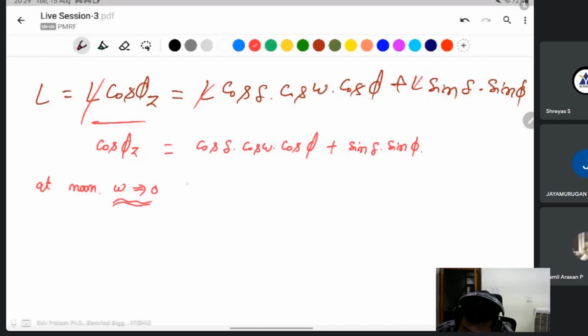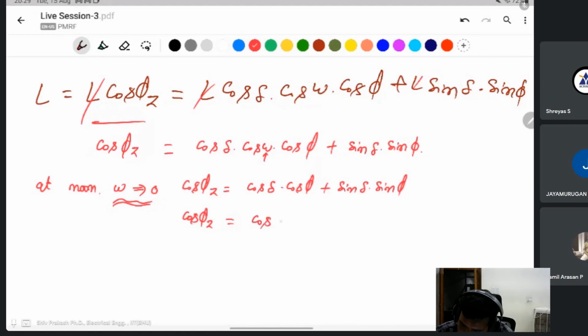If we take this, cos phi z, at noon omega will be 0, then cos del and cos phi plus sin del into sin phi, and cos phi z becomes cos of del minus phi. Cos cancels out, so phi z is equal to del minus phi.